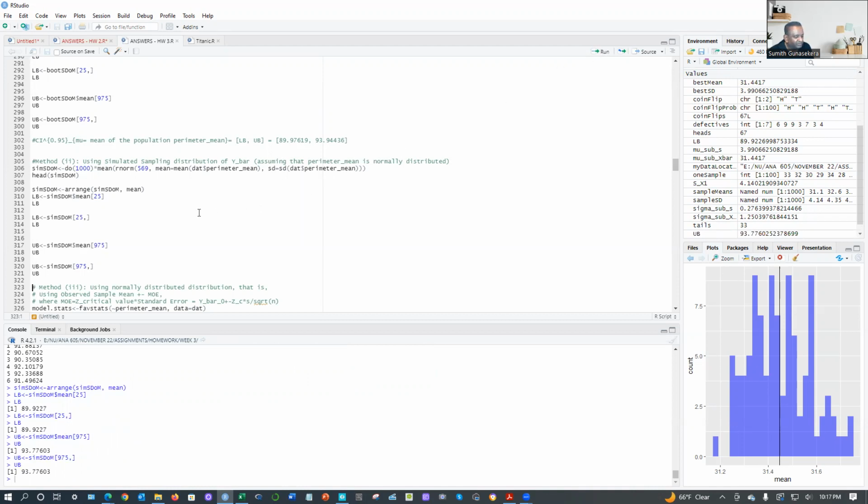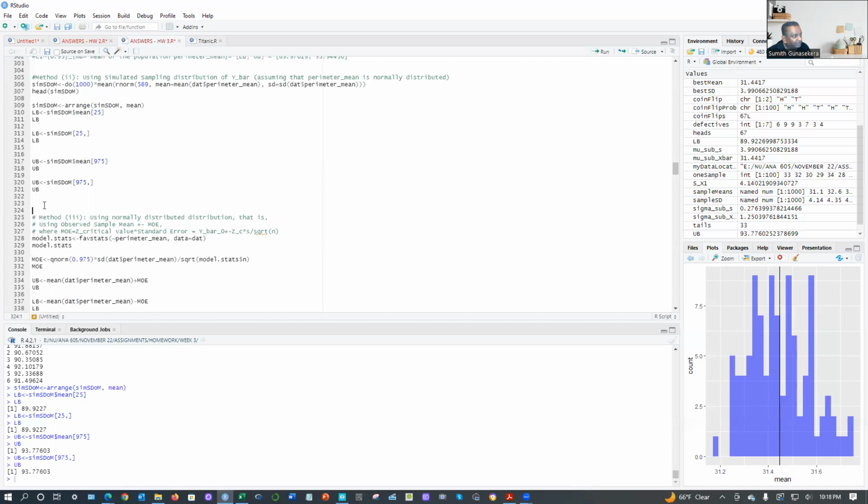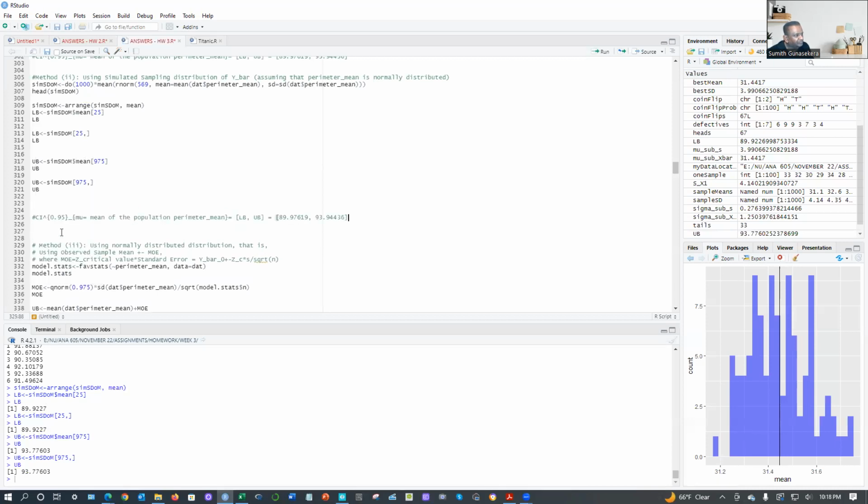It's pretty much the same. I'll copy it and put it here. The mean of this one is about 89. Pretty similar. Everybody's not going to get the same value; it differs. Whatever I got with this simulation, I'm going to put it here.